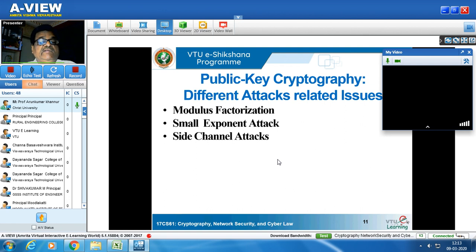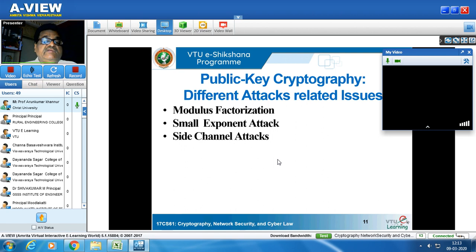However, it is not so easy, since public key cryptography is using prime keys and exponential operations. And next one is the small exponent attack. A lot of trial and error will be done, and based on this, the attacker tries to catch hold of the message, and this is practically being implemented and followed by many hackers.